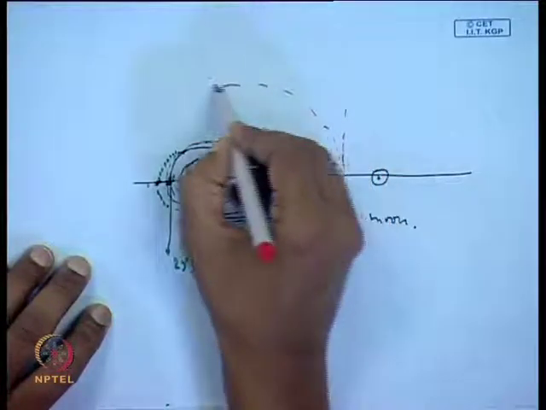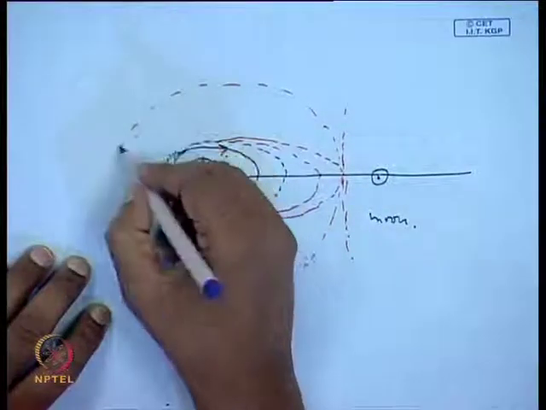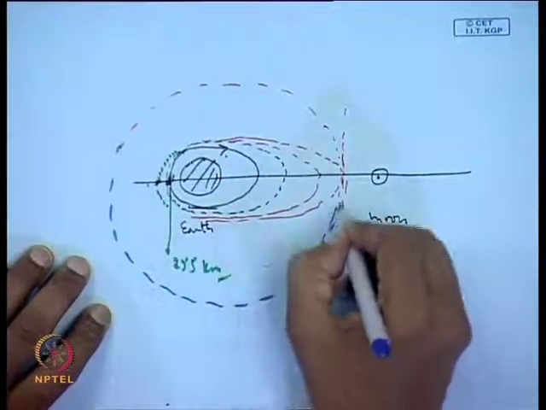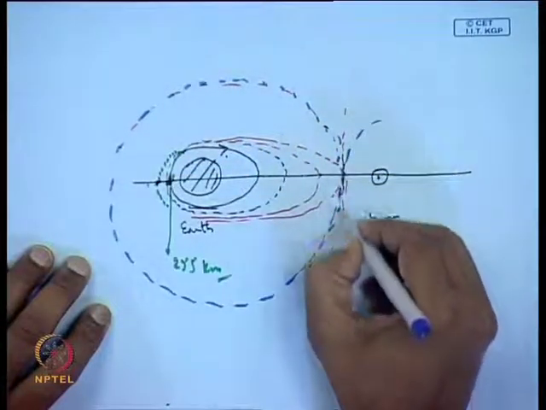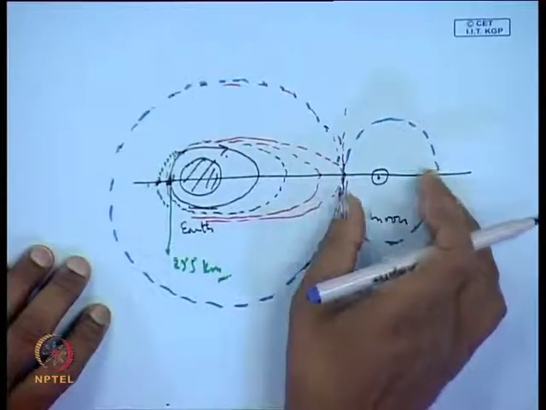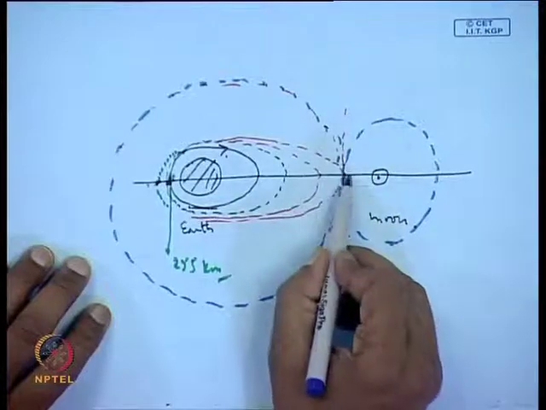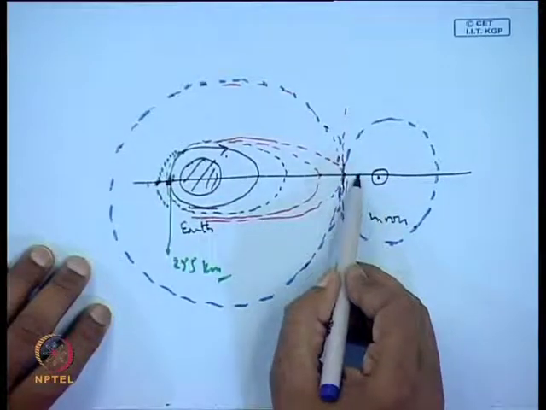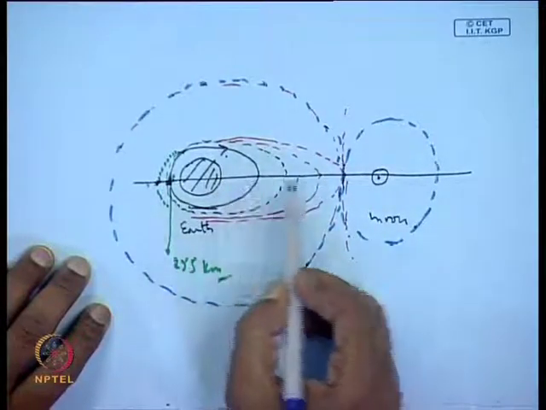Let me make this boundary. Say this is the sphere of influence of the earth and this is the sphere of influence of the moon. After this distance the moon's gravitational force will be more dominant, and here the earth's gravitational force is more dominant.